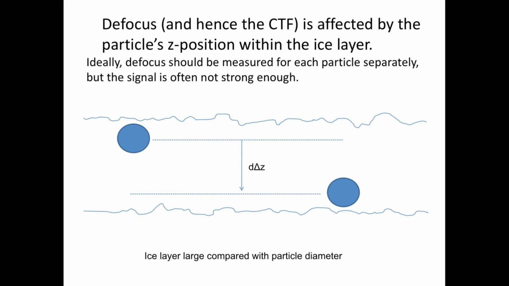So if you're making a correction for an entire sample, then the CTF... No, it's not a correction, really. It's an effect that affects your signal strength at high resolution, and the only way of getting out of it is by representing each particle by its own contrast transfer function.